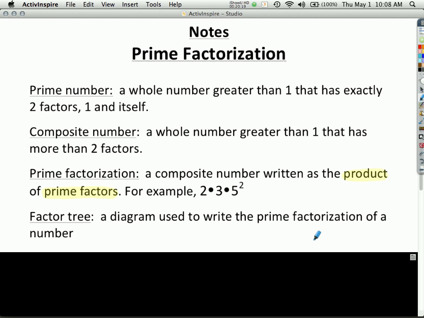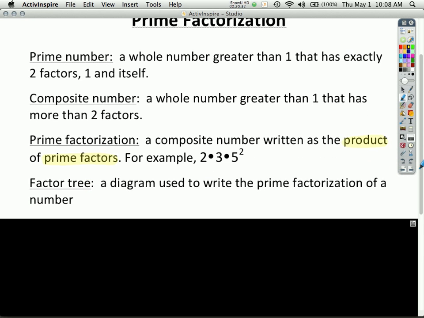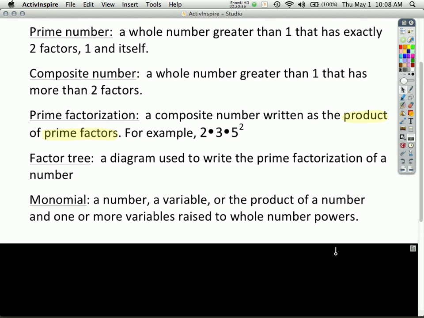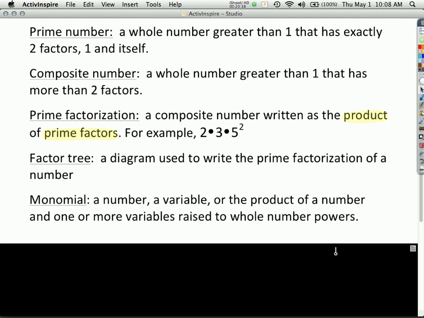Now, this concept is taught in regular 7th grade math. So how is regular 7th grade math different than pre-algebra or advanced 7th grade math? Well, this last idea is what separates us. A monomial. And here's where we're going to jump up the level of complexity to include algebra.